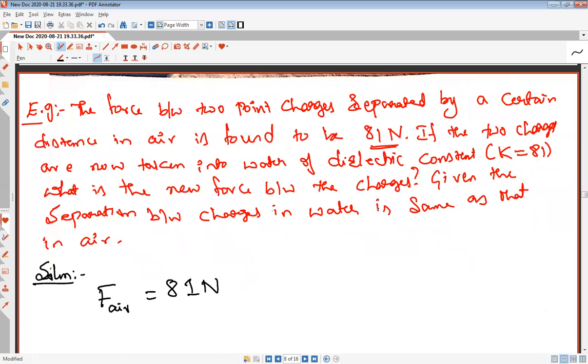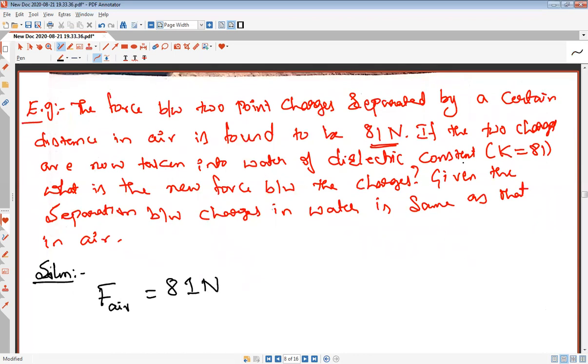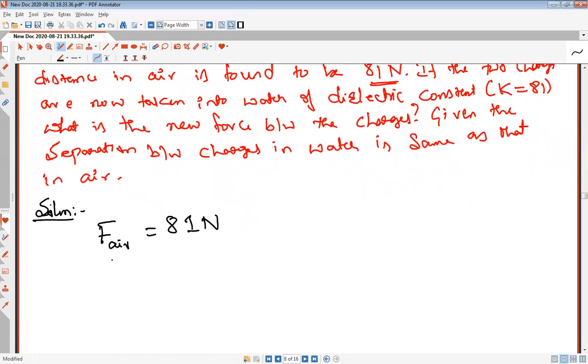Right? If the two charges are now taken into water of dielectric constant 81, see, the dielectric constant of water is given as 81. If the two charges are now taken into water of dielectric constant K, what is the new force between the charges?